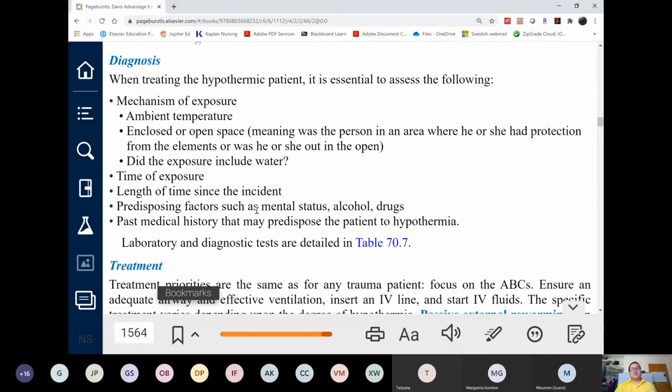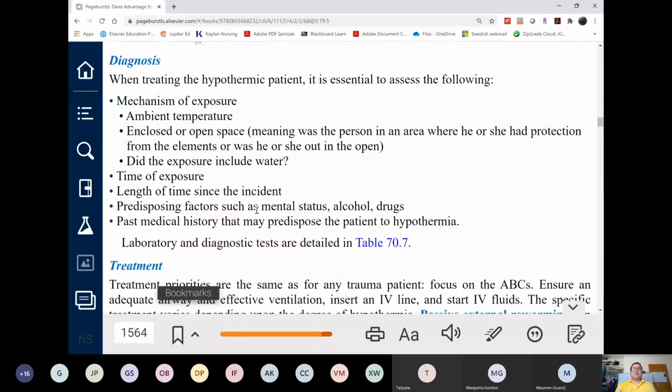As far as management, you always consider what caused it in the first place. Okay, of course, we have standard treatments, especially when it comes to emergency treatment at the scene. So most of these conditions are outside the home, with the exception of heat exhaustion or heat stroke, which can happen inside the home.